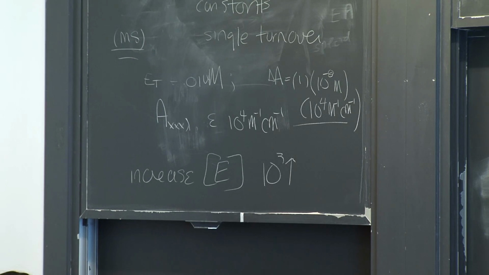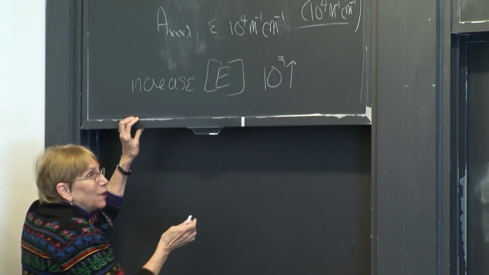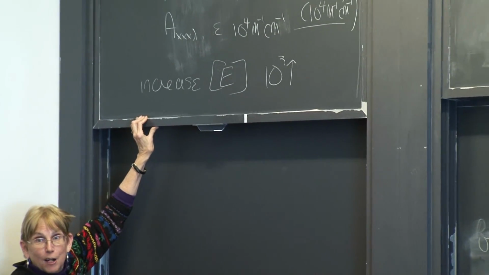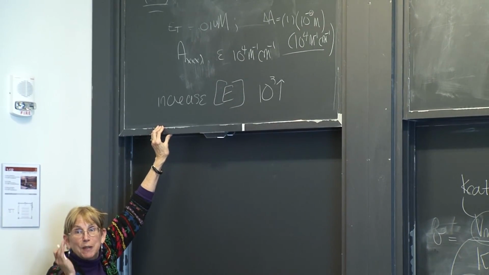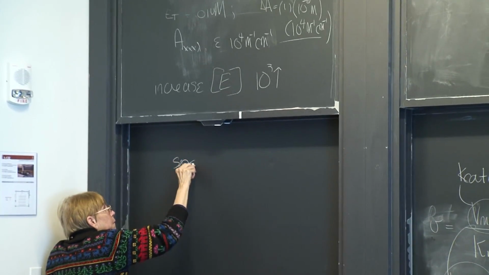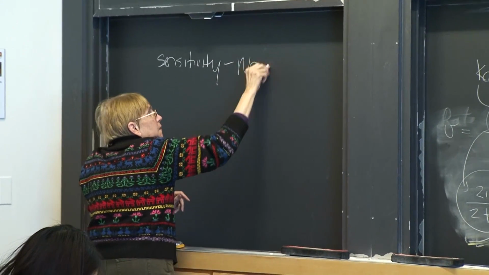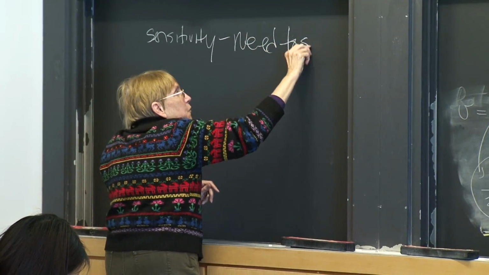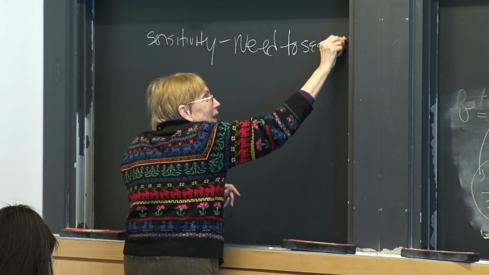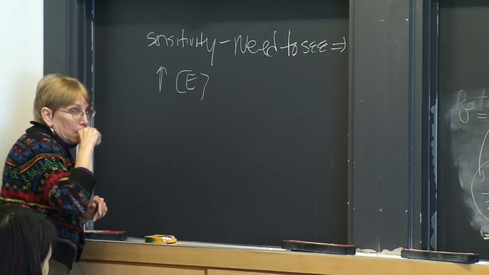So you have to be able to see. The key thing with pre-steady state, and the reason you need to have large amounts of enzyme, is you need to be able to see what you're monitoring. So it's all about sensitivity. You need to see, and this usually implies increasing the concentration of the enzyme.